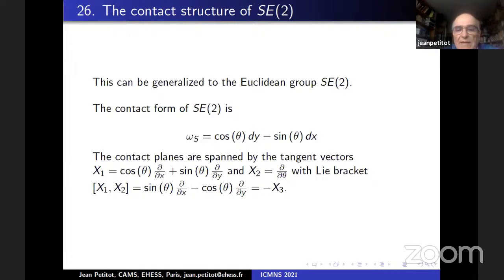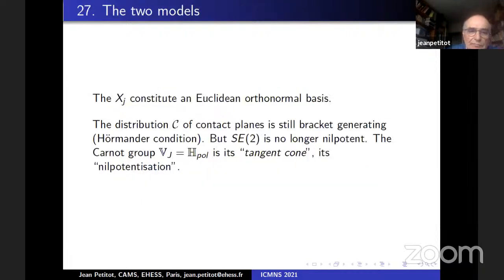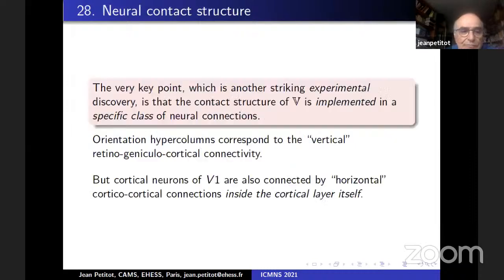The contact planes are spanned by the tangent vectors X1 equal cos theta dx plus sin theta dy and X2 equal d/d theta, with Lie bracket sin theta dx minus cos theta dy. It is essentially the red vector. And the X_i constitute a Euclidean orthonormal basis, and the distribution C of contact planes is still bracket generating, but SE2 is no longer nilpotent, and the Carnot group VG, the polarized Heisenberg group, is its tangent cone, its nilpotentization.